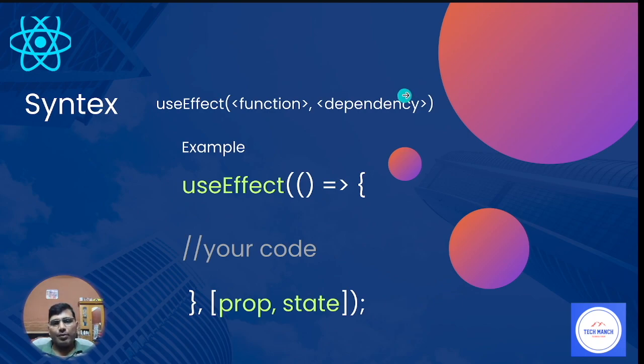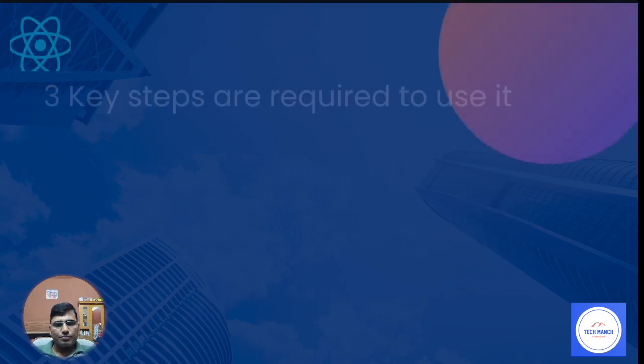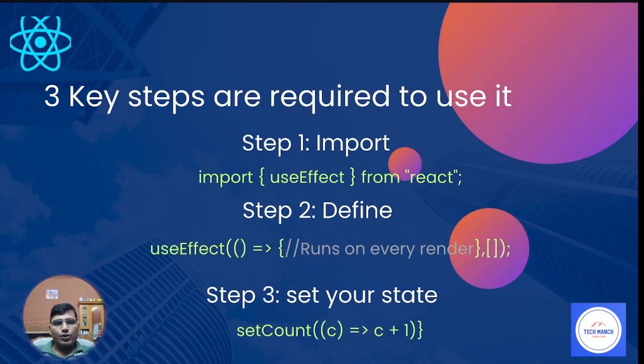It will depend upon the second parameter, called the dependency, right? In further slides we will discuss the dependency part more, and how it controls the behavior of useEffect. Let us move.